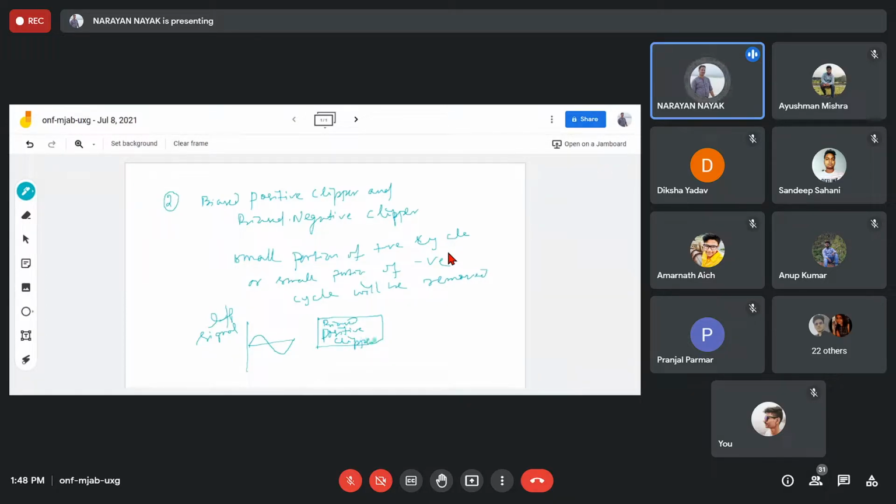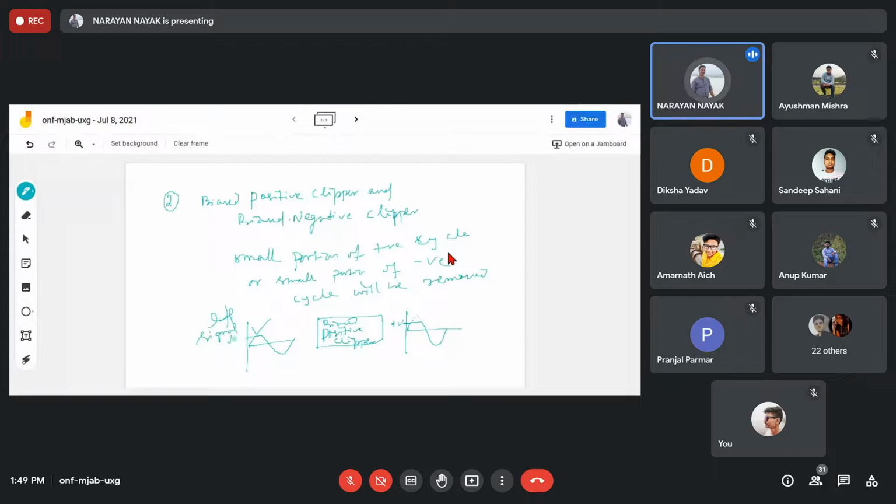So here what will happen? A small portion of the positive half cycle will be removed. Instead of getting the full signal, you get the signal with some portion of the positive half cycle removed.